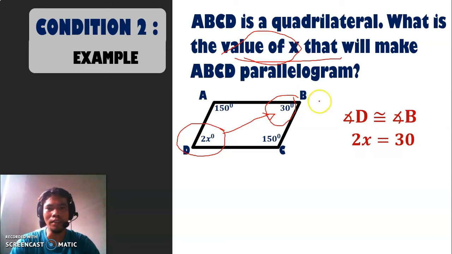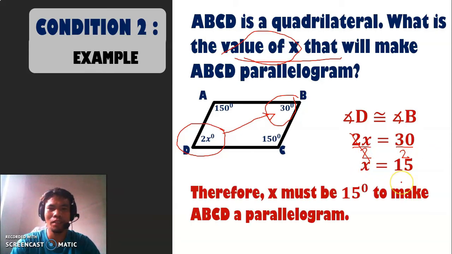Then, solve for the value of x. Divide both sides of the equation by 2, so the 2 here will be cancelled out. So the value of x will become 15. Therefore, x must be 15 degrees to make ABCD a parallelogram.